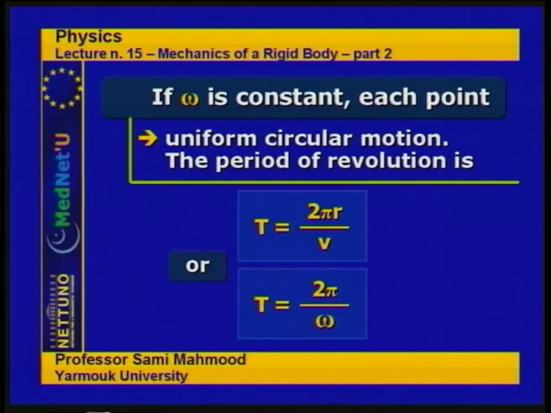Although from the first equation, stated in terms of the linear variables, it could be difficult to realize, looking at the second equation, giving the period as 2 pi over omega, we realize that the period of revolution for any point in the body is exactly the same, which means that each point in the body completes a full revolution during exactly the same period of time.